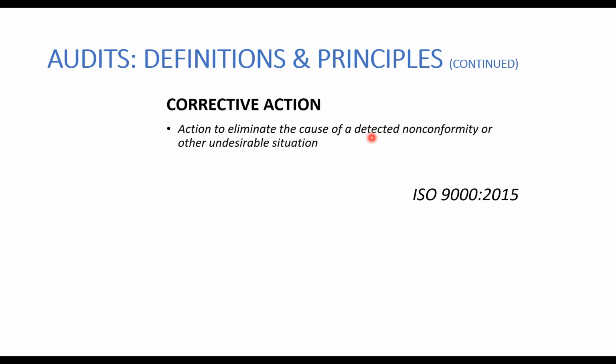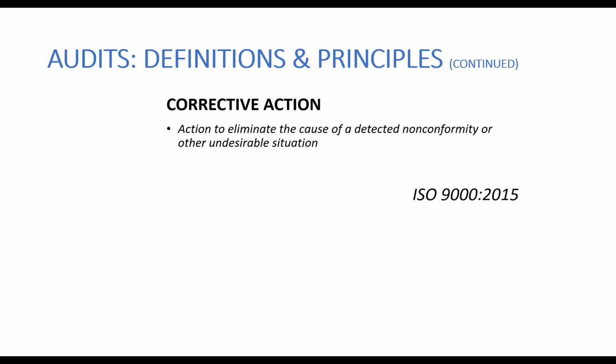So the actions to eliminate the cause of a detected non-conformity or other undesirable situation, we need to take as corrective action. When we perform the audits, we are going to identify the corrective actions, so that people can take action on them.